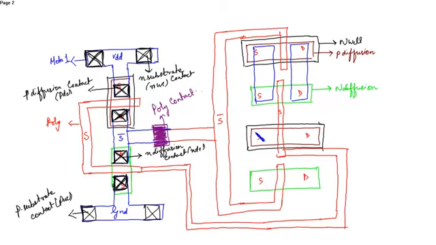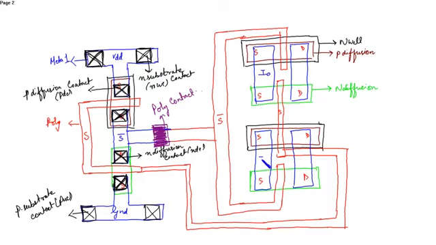Similarly here, source to source, and drain to drain. This source is input 1, that is I0.